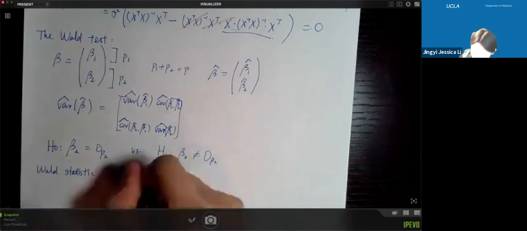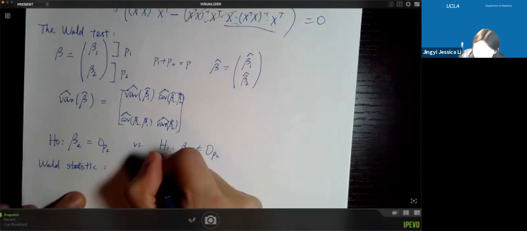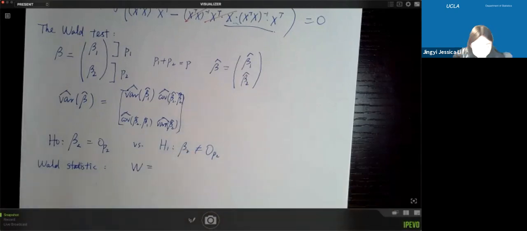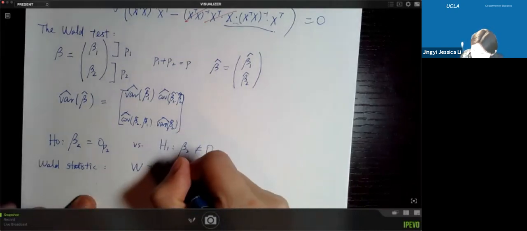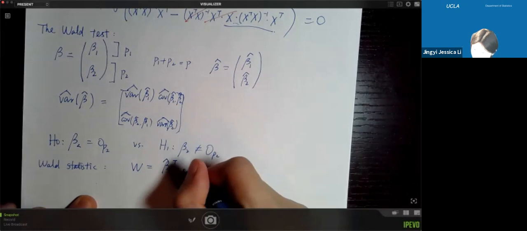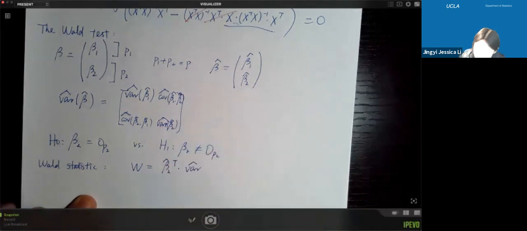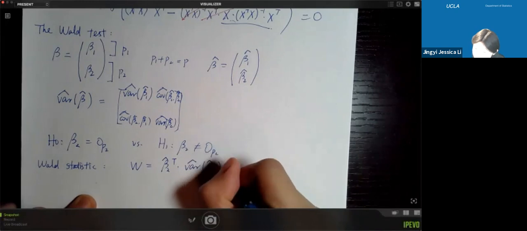The Wald statistic, W, is defined as follows. Most test statistics are scalars, so we summarize vectors into a scalar value to do the test. Otherwise, it would not be easy to compute a p-value: under a multivariate distribution, how would you define a tail? So the Wald statistic is defined as beta 2 hat transpose times the inverse of var hat beta 2, times beta 2 hat.